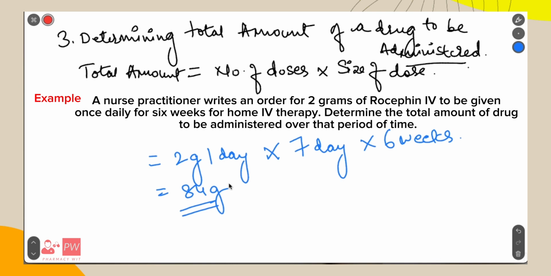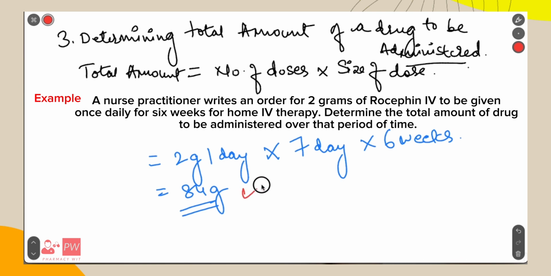The pharmacy technician often places the drug order, so this type of calculation is used when determining how much drug to order. In this case, the pharmacy would need to have 84 grams of Rocephin in the inventory each time the order is filled.